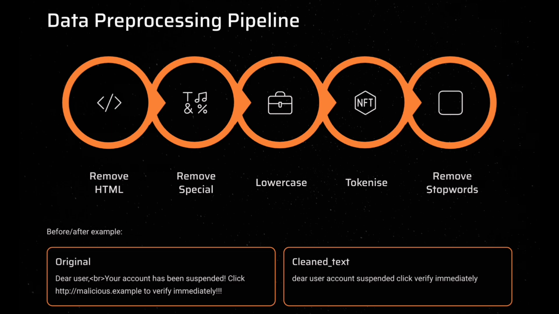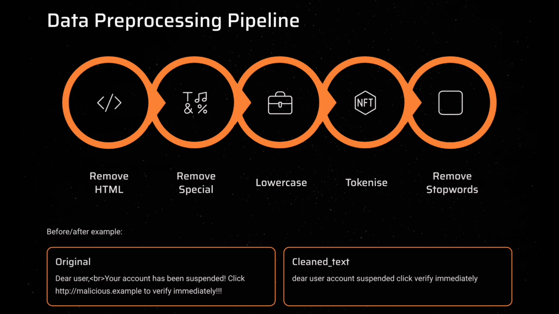When an email arrives, the system reads the raw text and cleans it up. It removes irrelevant noise like HTML formatting, strips punctuation and numbers, converts everything to lowercase, and then breaks the text into individual words.